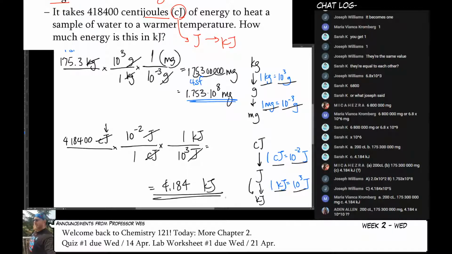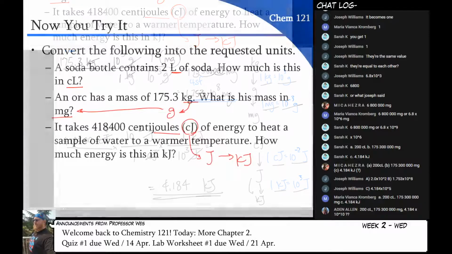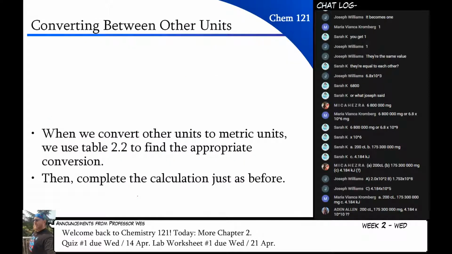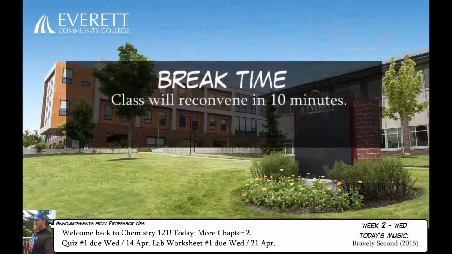All right. Looks like most people did pretty good on that. All right, so that was how we do metric conversions. In the next section, when we get back, we're going to start doing conversions between things like meters and feet. And we're going to be referring to other tables like that. But first, we are due for a break.